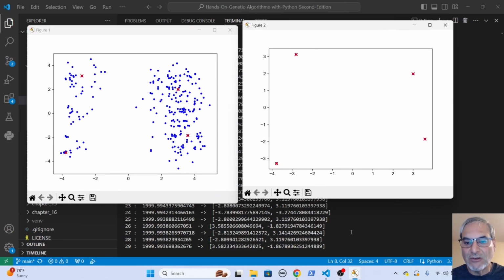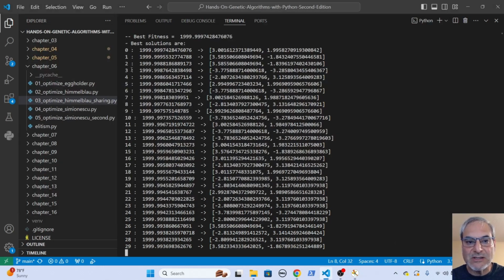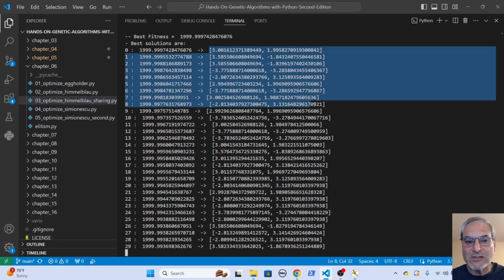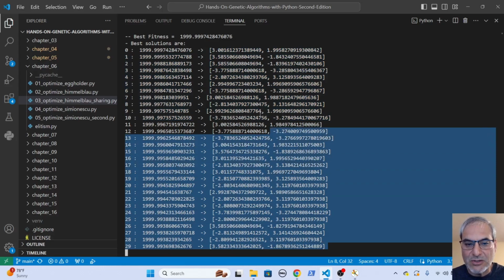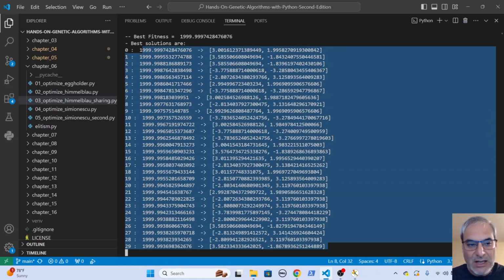And if we look at the Hall of Fame individuals, we see that the best solutions nailed all the 4 points. We can also see it here. If we look at those individuals, we can see that all 4 solutions are pretty much represented within the Hall of Fame, actually within the entire Hall of Fame. So that is a demonstration of using sharing and niching to find multiple solutions at the same time.